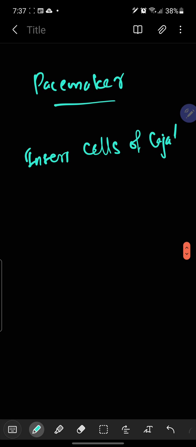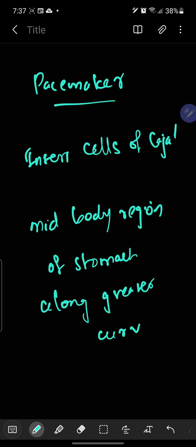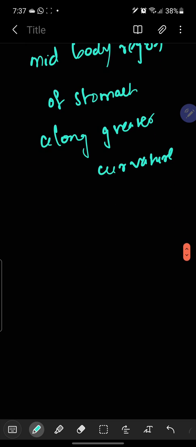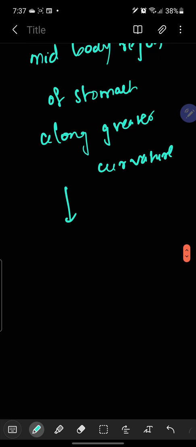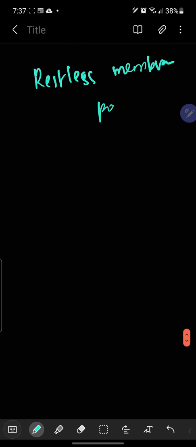Where are they present? They are present in the stomach, at the mid body region, along the greater curvature. This is the position of the interstitial cells of Kajal. It will give a restless membrane potential.